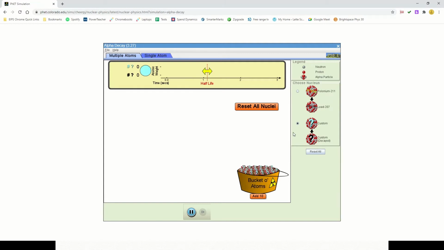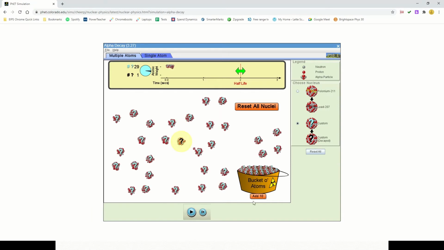We can do any atom we want, and we can adjust this half-life, which we haven't really talked about what it is. So what I can do is I can add a whole bunch of nuclei.